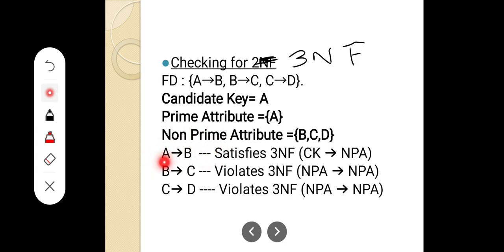So here this A is a super key, as well as a candidate key. So this satisfies 3NF. Okay, clear? So what is the condition for 3NF?